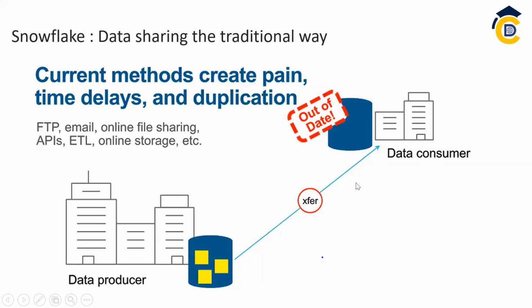And by the time you send it, and when you want to send it again, if there's any update here, obviously this consumer doesn't have the live changes, right? You have to again follow the same process. Obviously, you will be writing this code one time, but each time that whole data pipeline will run, and that data will get transferred to the data consumer, and then they will also process it and do their updates, so that they are up to date.